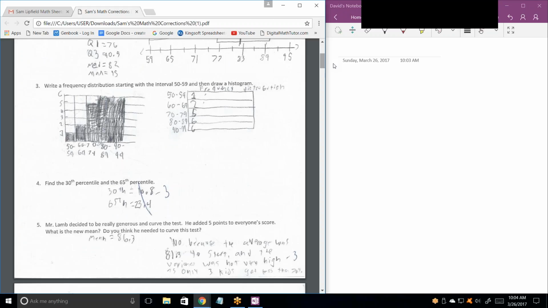Find the 30th percentile and the 65th percentile. I presume they mean of the frequency distribution above? Yeah. Probably. Okay.